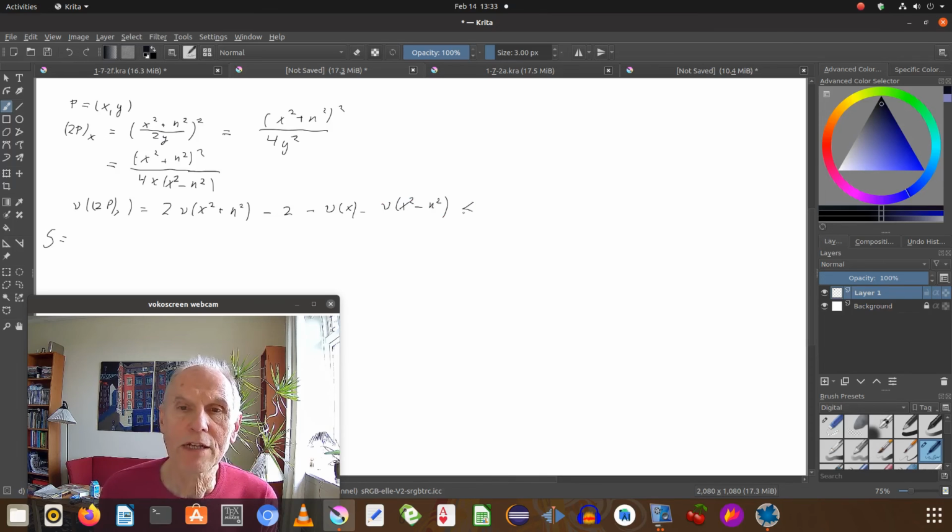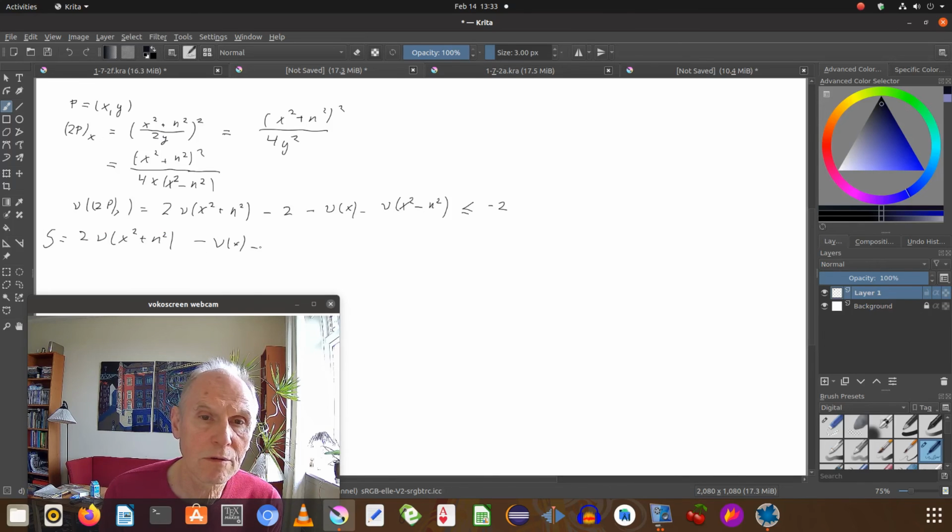But actually, since it's a square, it must be less than or equal to minus 2. So that means that the rest must be non-positive.